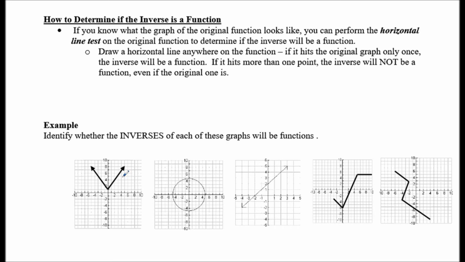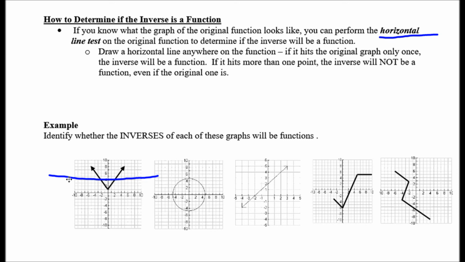So a vertical up-down line swaps on an inverse and becomes a horizontal line test. And that's what it says up here. We can do the horizontal line test, which means if a horizontal line touches the original twice or more, then the inverse is not a function.